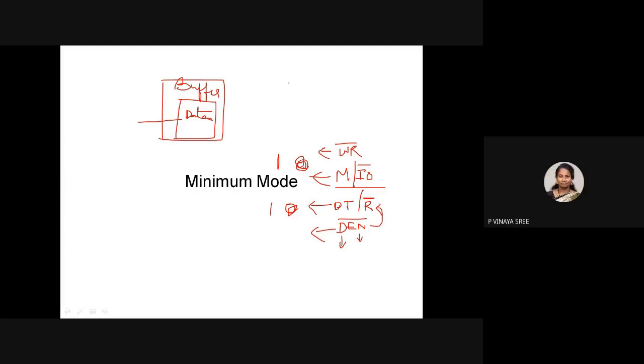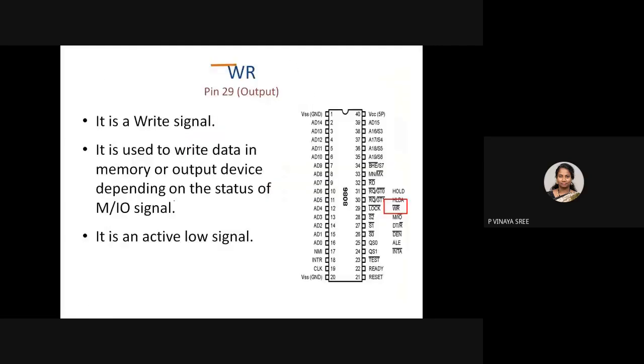Data is enabled, and the processor gives that information with this pin by placing it as 0, and it is transmitting to memory. This is about memory and IO bar, data transfer, data receive and data enable. This is in sequence. You should explain each and every one with the help of a diagram.